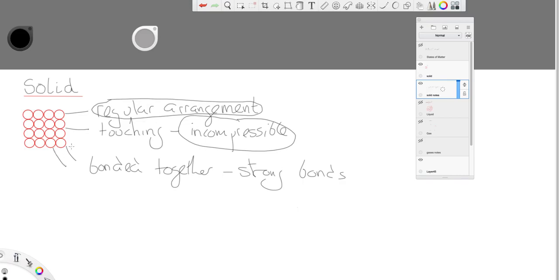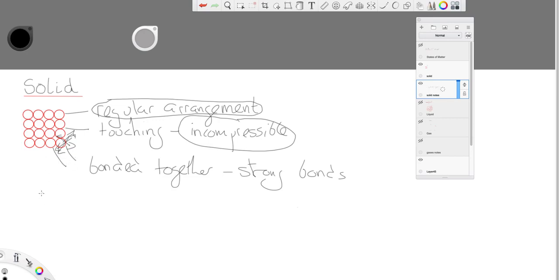So it takes a lot to break these bonds. These atoms and molecules, they're vibrating in all directions. But that's all they can do. They can vibrate.